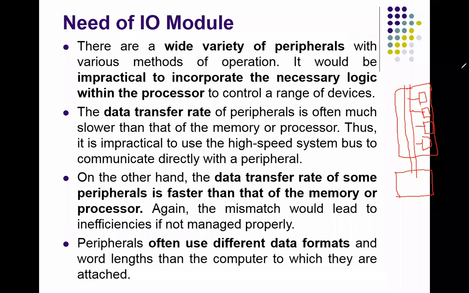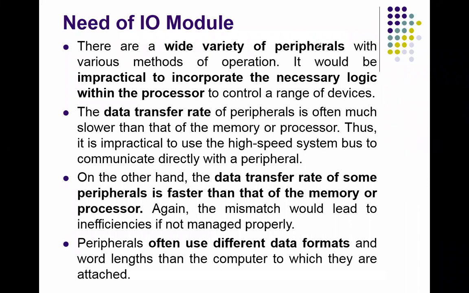Again, the mouse has a different data input, the keyboard has different data input, right? Again, in the output, you will see the output on the monitor would be different, and for the printer the output is different. So that is another challenge. These different devices have a different data format.